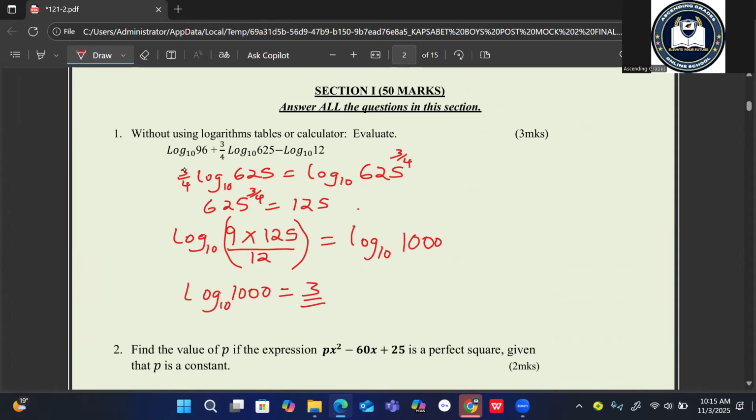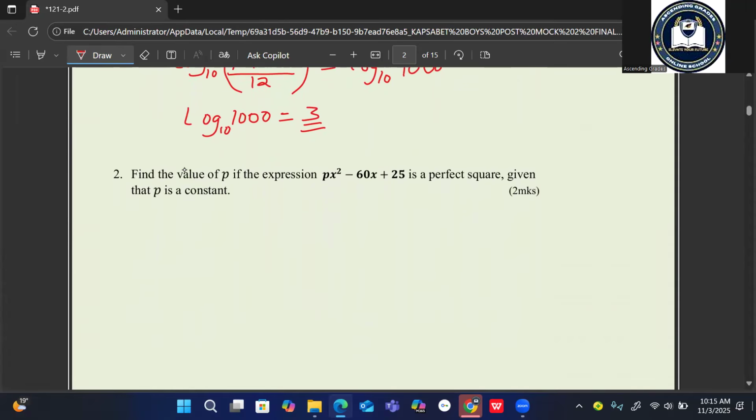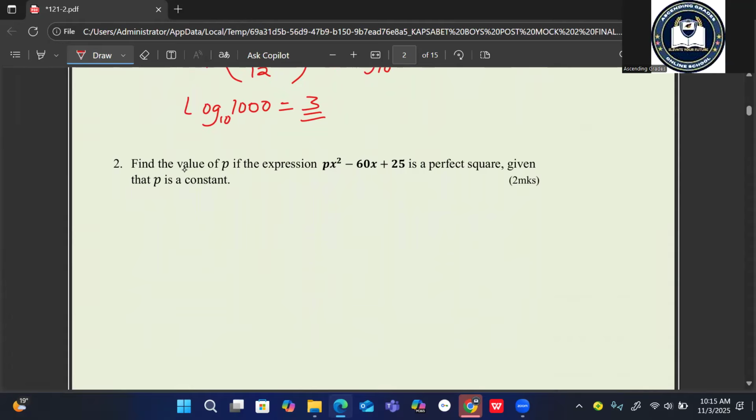So we go to number 2, and we are told to find the value of P if the expression px squared minus 60x plus 25 is a perfect square, given that P is a constant. So if ax squared plus bx plus c, then AC should be equal to b over 2 squared for it to be a perfect square.